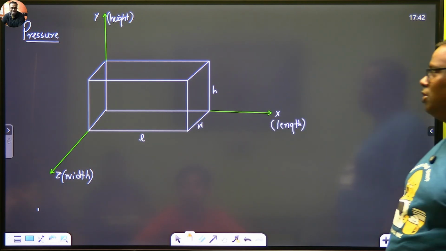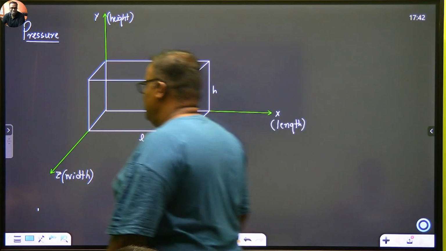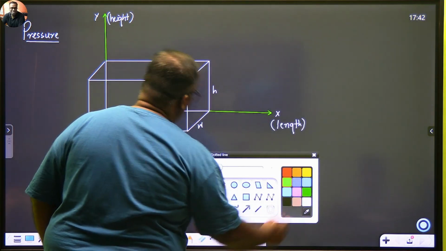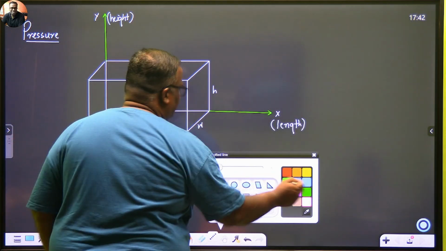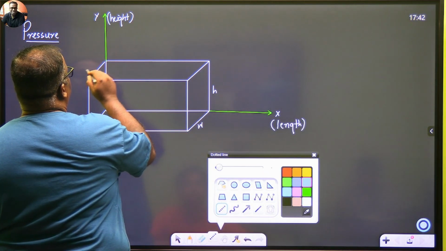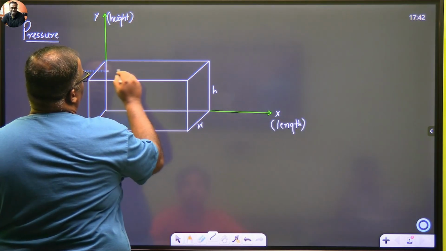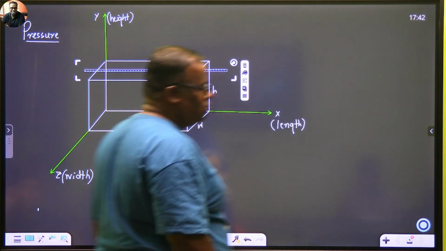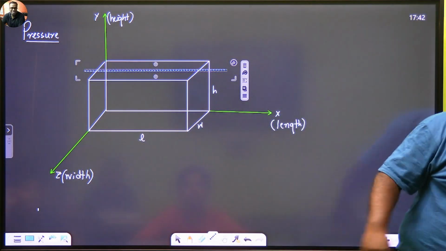So let's see. Now, let us imagine that there is a force acting upon the top surface of this cuboid. Before that, I've just drawn an axis.